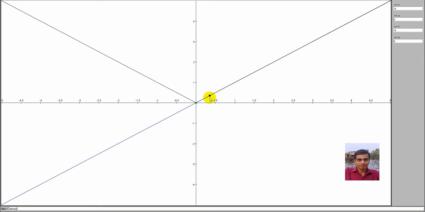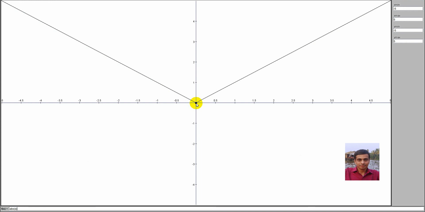As such, no tangent line can be drawn to the function mod x at point x equal to 0. What is a tangent line? Recall, a tangent line is the limiting position of secant line, and hence the function mod x is not differentiable at point x equal to 0.